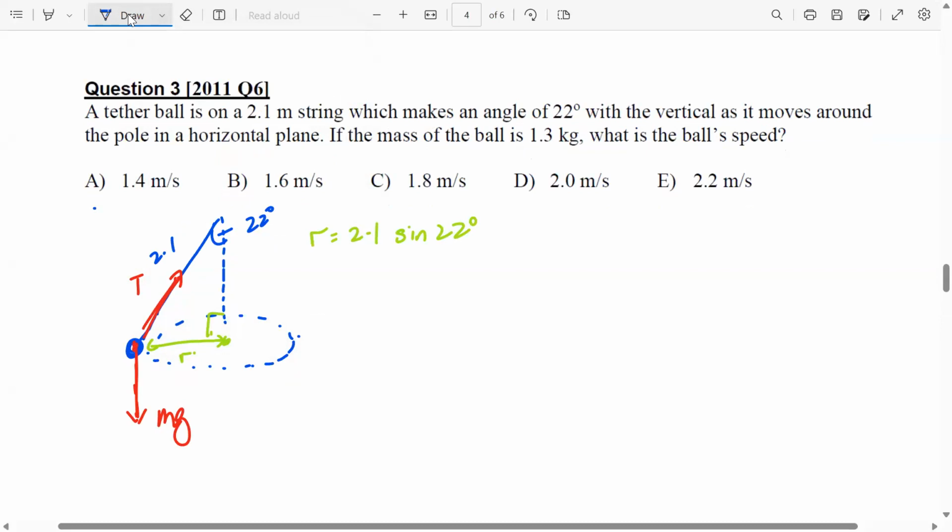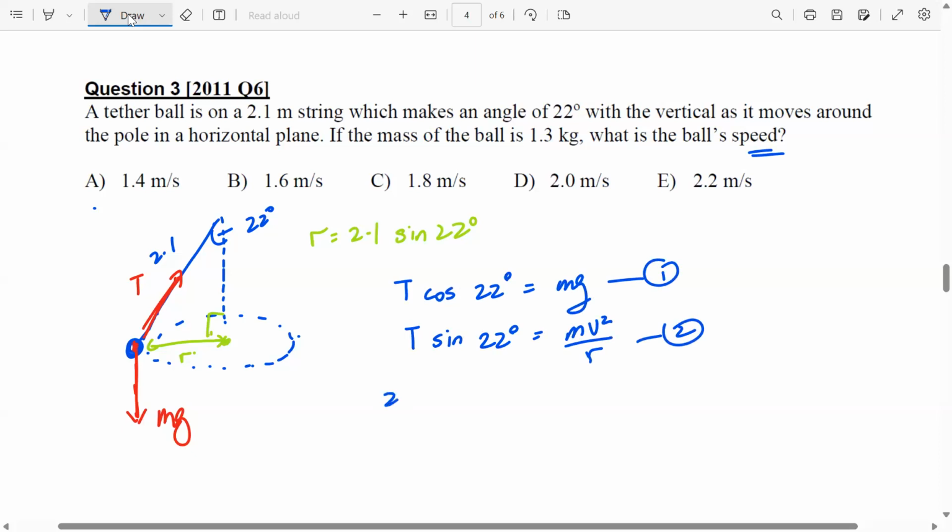Now, if you look at the free body diagram, T cosine 22 degrees, which is the vertical component of the tension, is equal to the weight. The horizontal component of the tension gives you the centripetal force. Okay, we use this because we want to find speed, which is V. So this is equation 1, this is equation 2. And the same thing, 2 divided by 1, as in the notes. Tangent 22 equals V squared over GR.